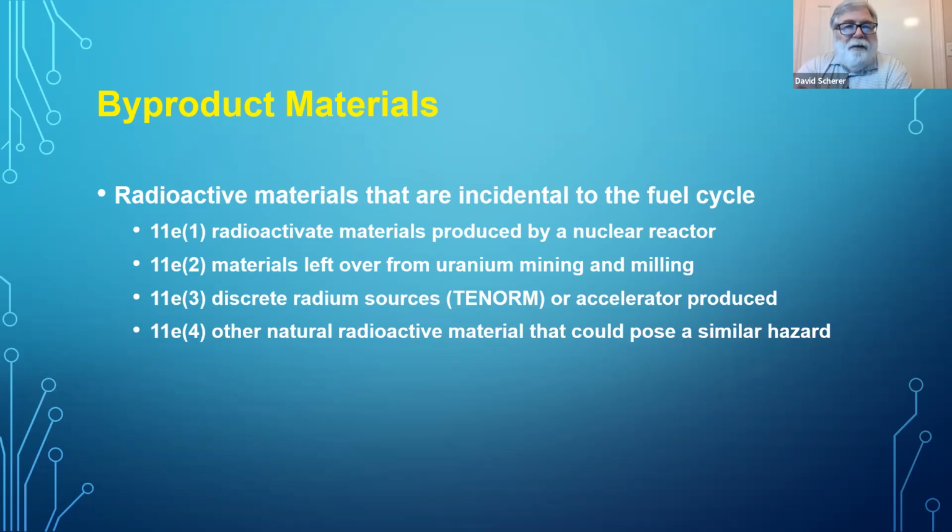So they're byproducts of the chain reaction that takes place. They're either the fission products, uranium splitting up into two radioactive daughters, or they're materials that are made radioactive because they absorbed neutrons while they were in a reactor. So that's 11e(1) byproduct material.